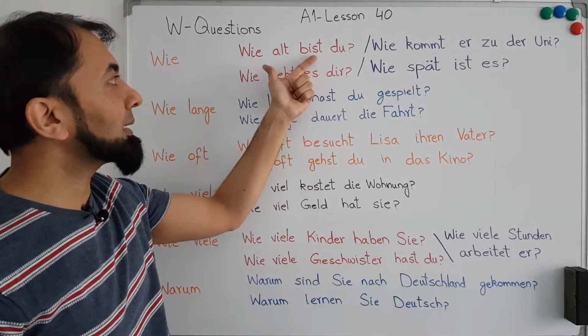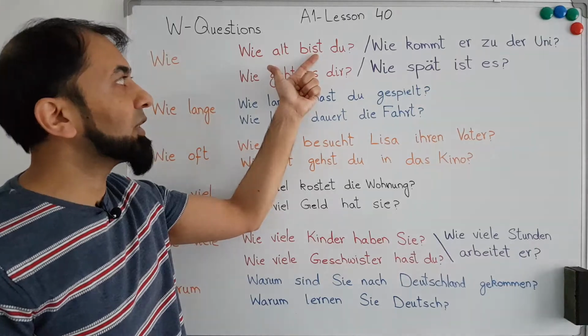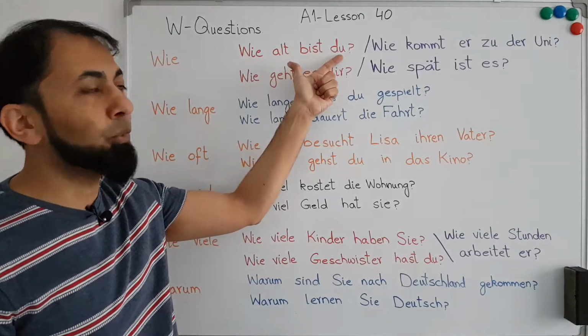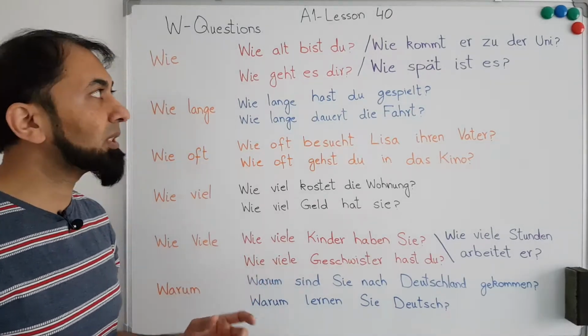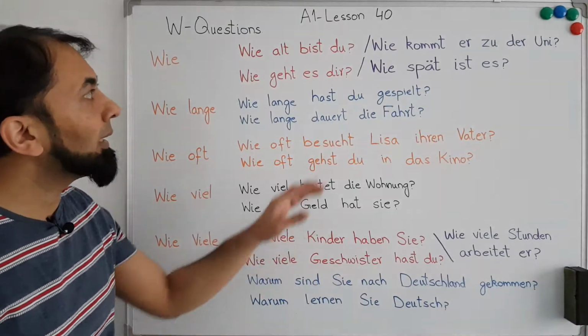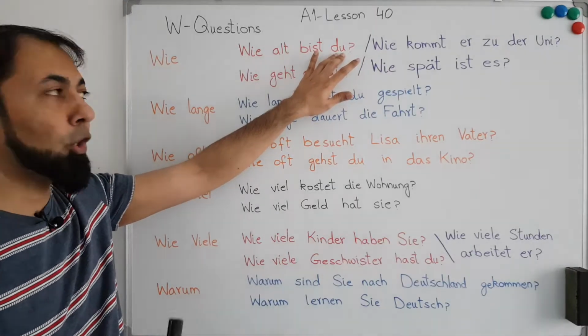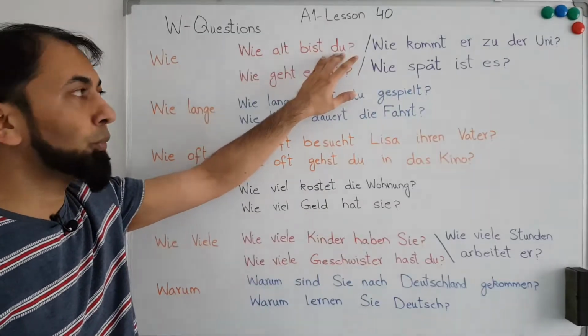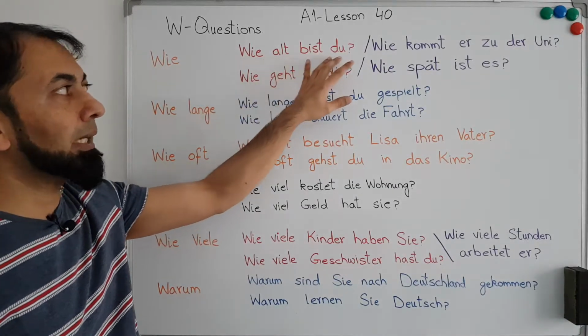Now in this sentence we have used this conjugation of the sein verb, which is bist, for the subject du, because we know that we have to conjugate German verbs according to the subject of the sentence, and the subject of the sentence in this example is du.